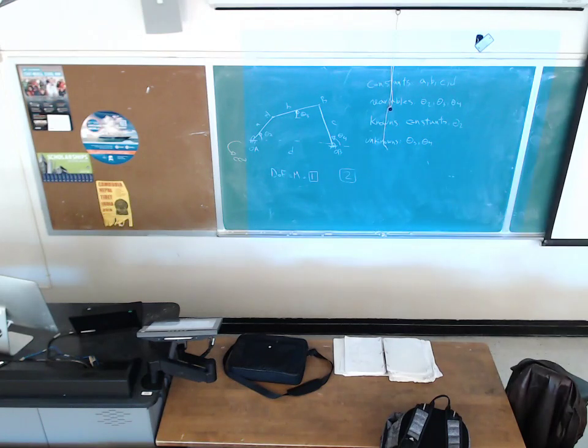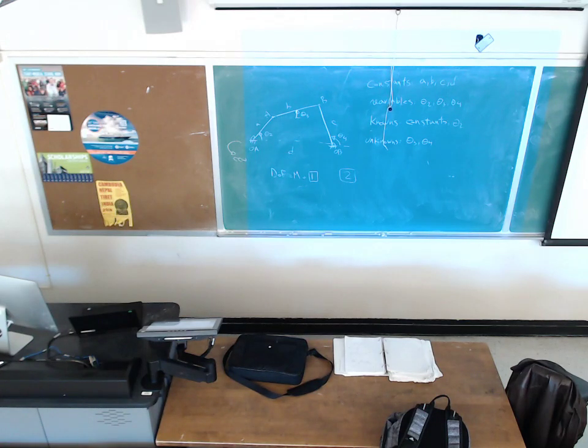So just draw another circle with the radius of C and the center of OB. So any point in this circle is going to have the distance of C from the center, so it can be a candidate for the location of B. So this point has both specifications.